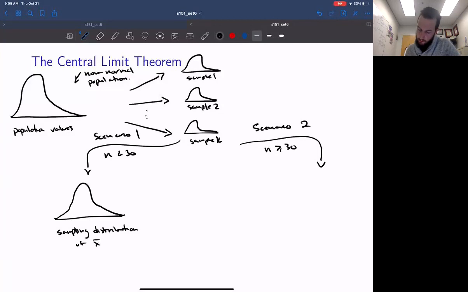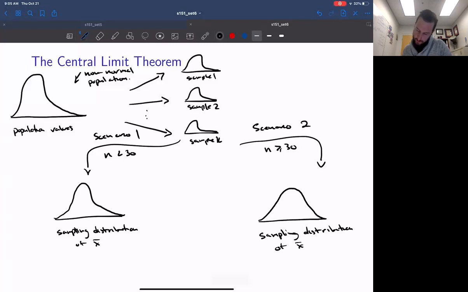If n is greater than or equal to 30, then the sampling distribution will be normal, and it's going to have mean mu x bar and standard deviation sigma x bar.